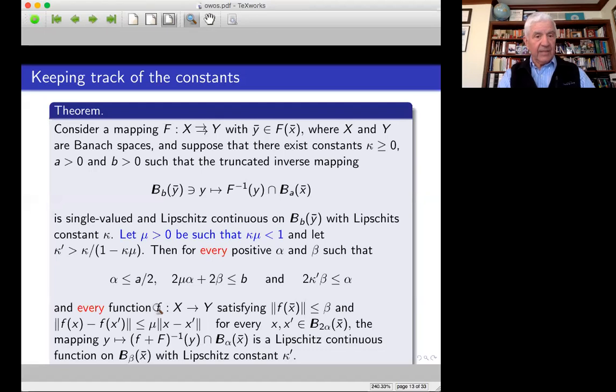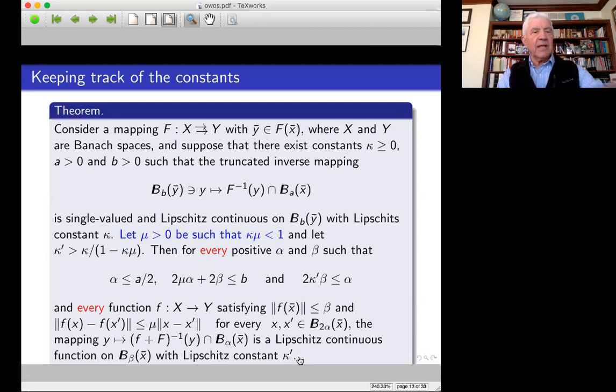For every such function, we obtain that this localization of the sum of f plus capital F inverse, truncated with the ball of radius alpha, is Lipschitz continuous on the ball of radius beta with Lipschitz constant kappa prime.